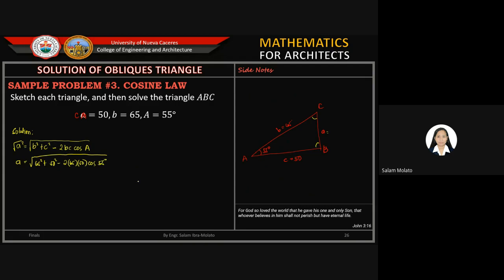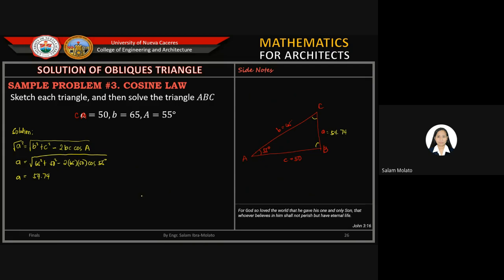So compute it in your calculator. It will give you A is equal to 54.74. All right. So we already have 54.74 for A.